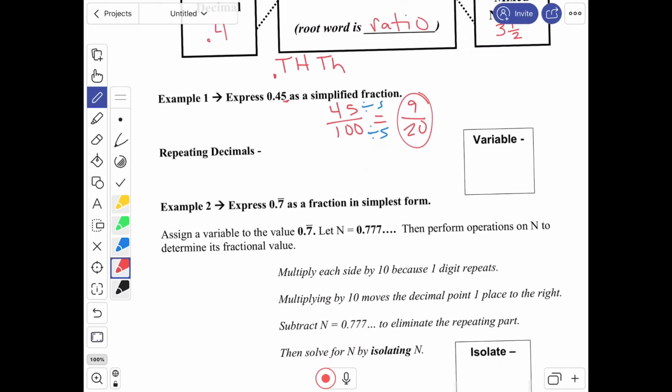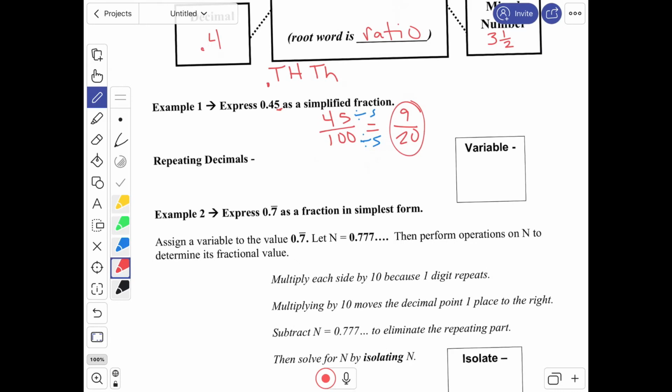Then we have repeating decimals. Repeating decimals are the decimal form of a rational number that contains a digit or group of digits that repeat indefinitely.